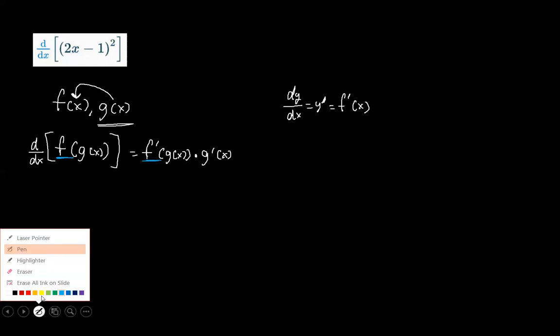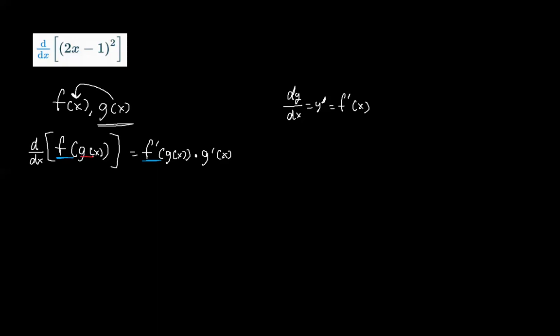Next, get the derivative of the inner part, inside. So you're going to get the derivative of g of x, which is g prime of x. Then after that, multiply them together.